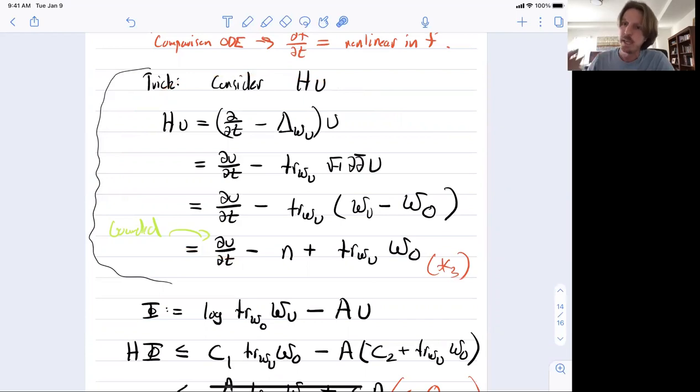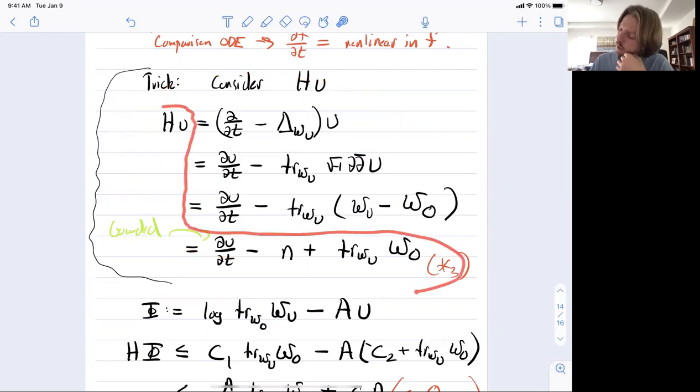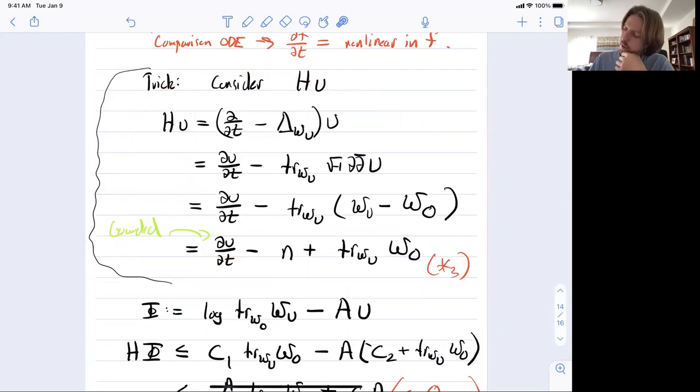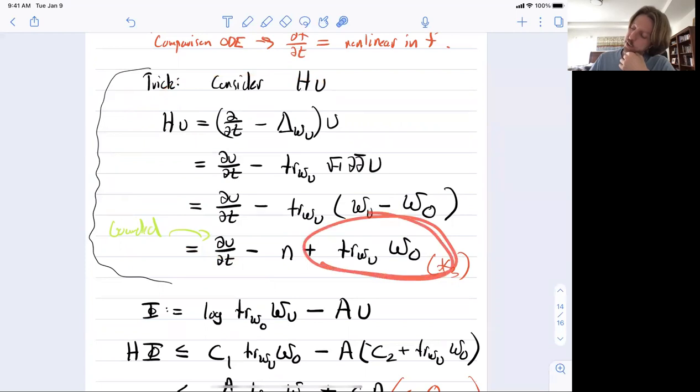This is the convexity of the equation showing its head. It's the inequality that the linearized operator applied to the potential bounds this term arising from the coefficients of the equation.